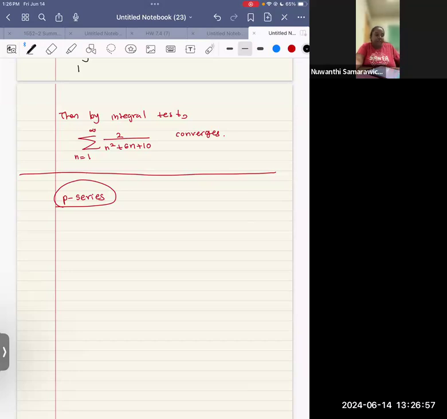So here in the P series, when you have to find the infinite series of 1 over n to the power p, okay, then if p is greater than 1, we say the series is convergent.